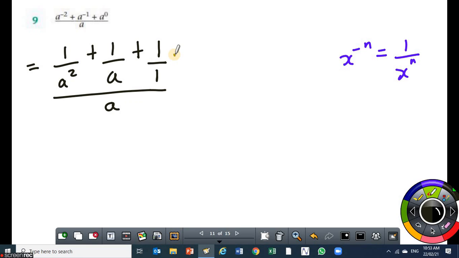Because I'm going to need to find an LCD. That's why I wrote the 1, which I get from a to the power of 0, as 1 over 1. In any case, you should all know in this grade that 1 is the same as 1 over 1. It's the same thing. Yes?